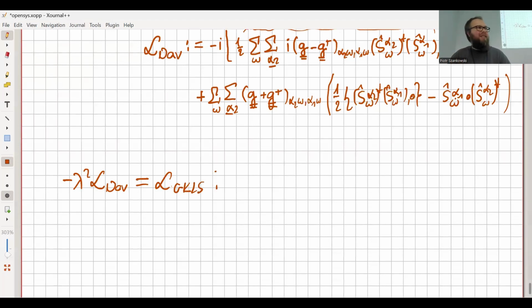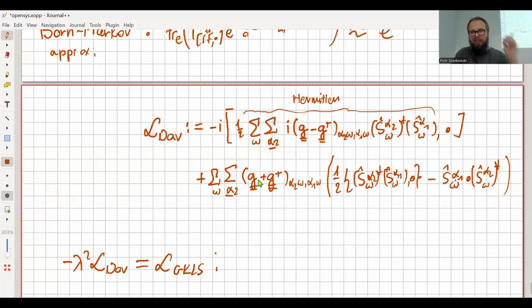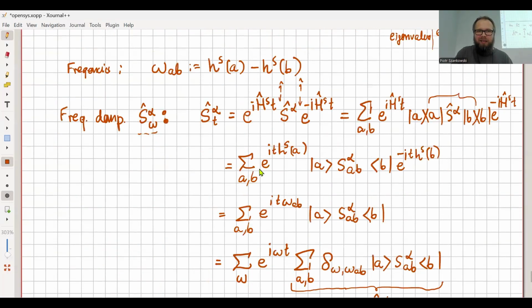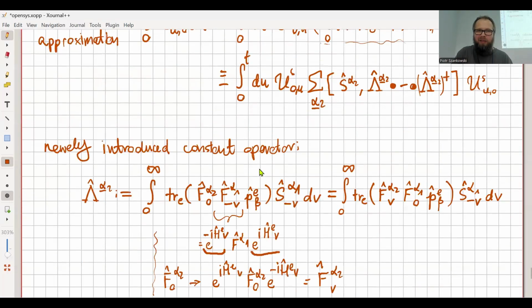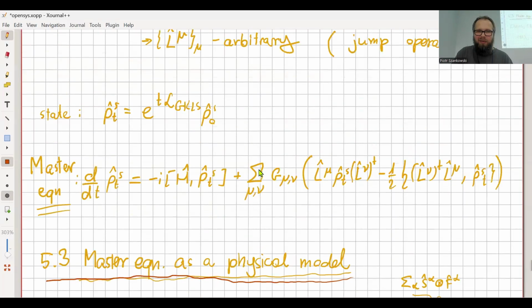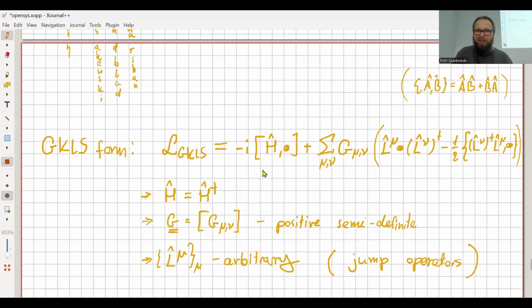So maybe I would jump to the GKLS form just for reference. Oh, it was really up there. So the GKLS form was that there was this minus i commutator with H, and H is supposed to be Hermitian.